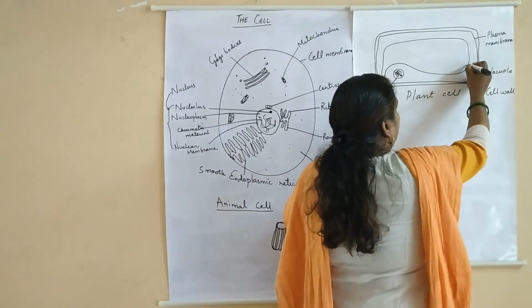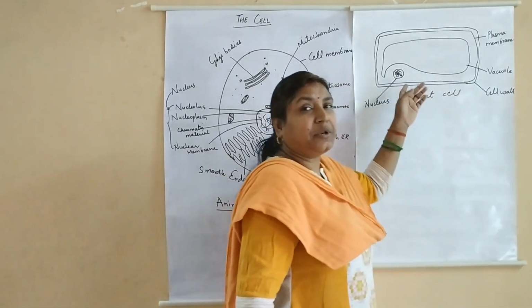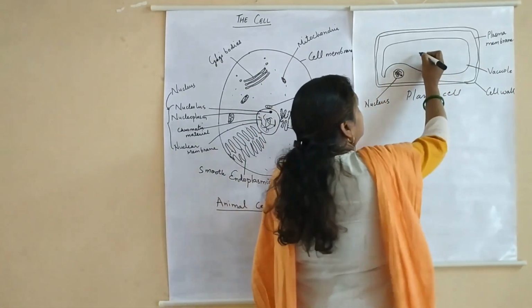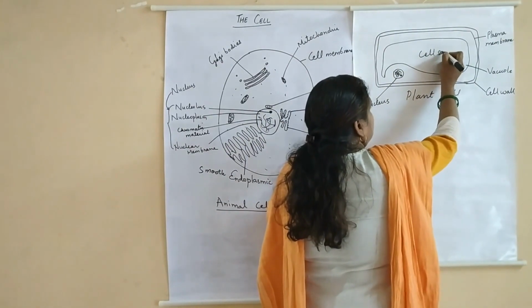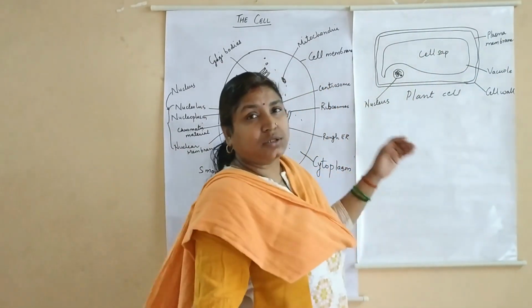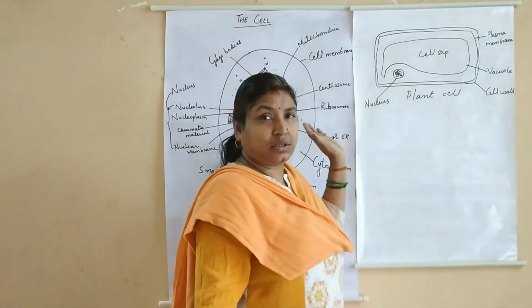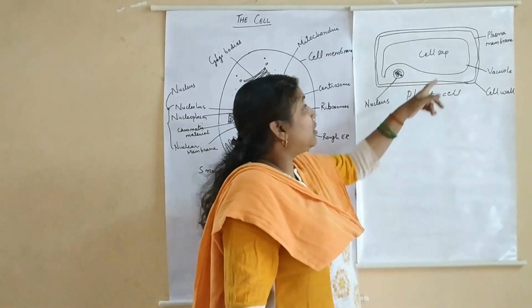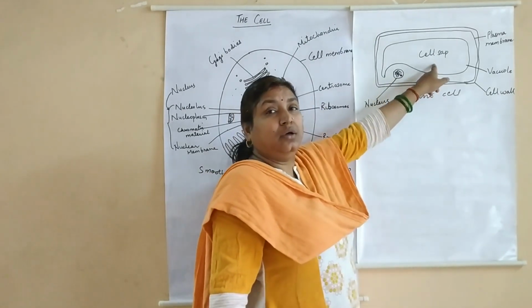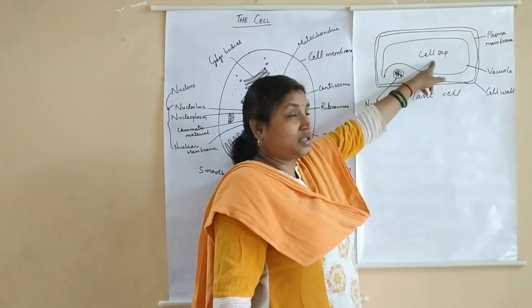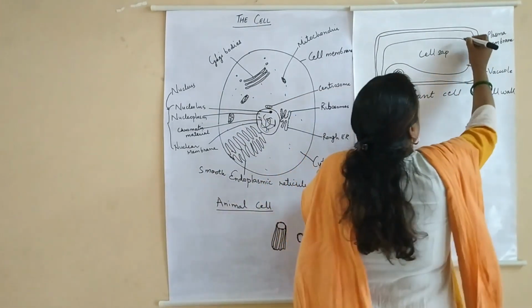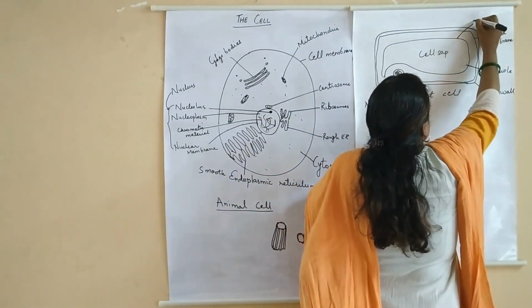The fluid present inside the vacuole is the cell sap. Just now we saw the matrix, the cytoplasm and the nucleoplasm. The wall of the vacuole is called the tonoplast.